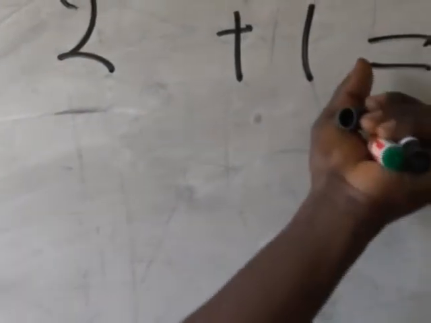But someone can even differ and write it as 2 added to 1 equals 3. But still, someone can say 2 added to 1 gives 3.